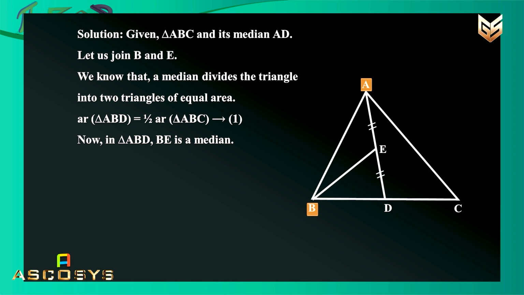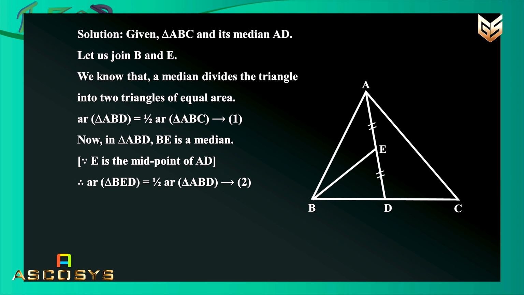Then in triangle ABD, BE is a median. Why? Because E is the midpoint of AD. So that's why BE is a median. So here also we can apply the same theorem. So we can write area of triangle BED is equal to half of the area of ABD. Let it be equation number 2.